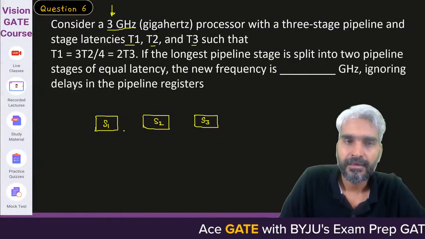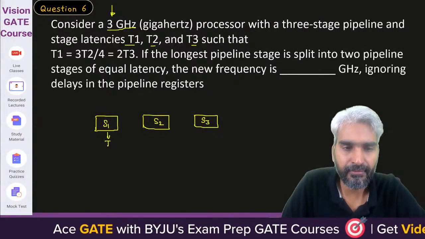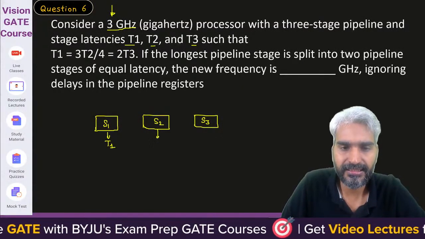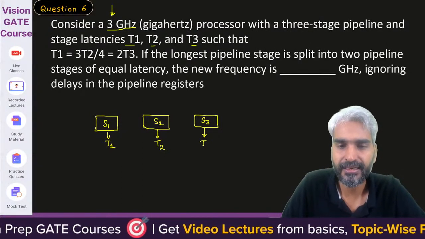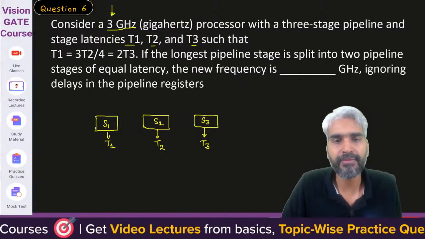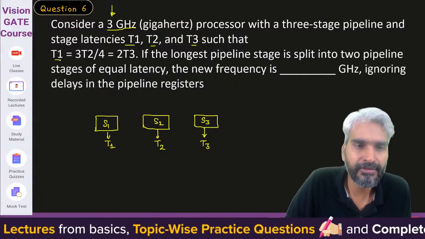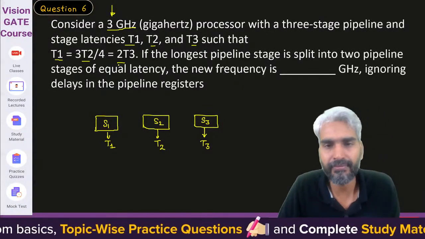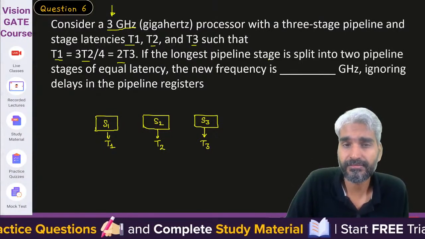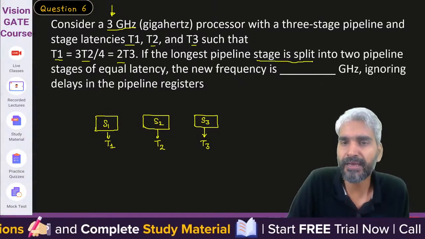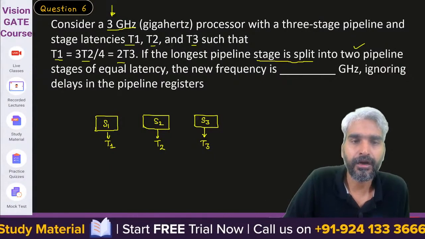Stage S1 will take T1 amount of time to complete its task, stage S2 will take T2, and stage S3 will take T3. The relation between T1, T2 and T3 is given, and the longest pipeline stage is split into 2 pipeline stages of equal latency.